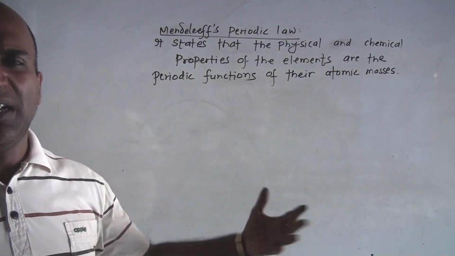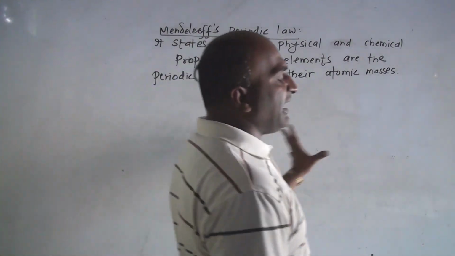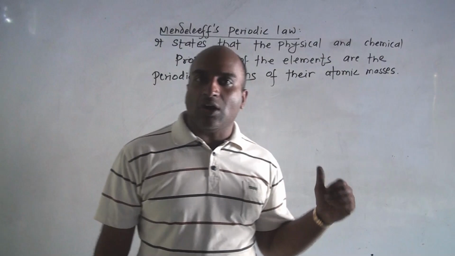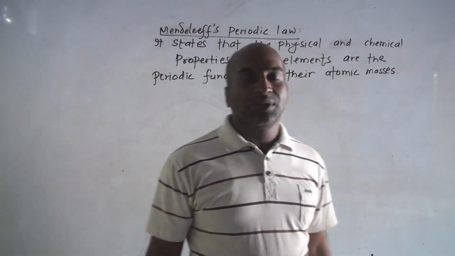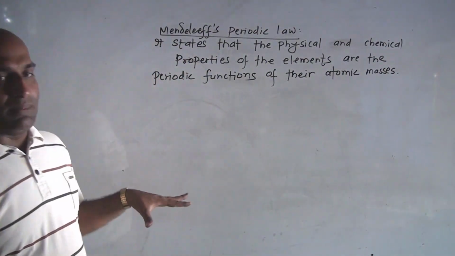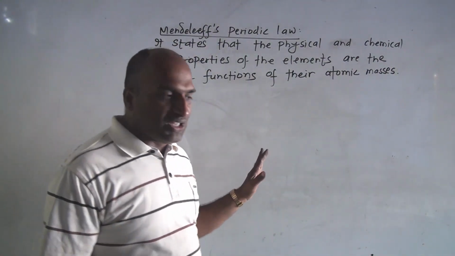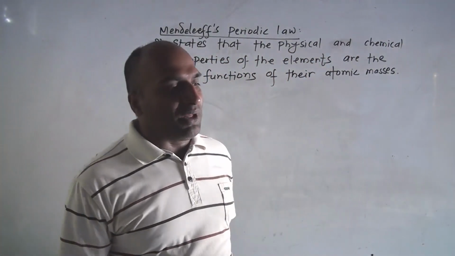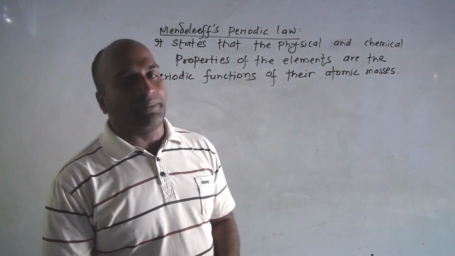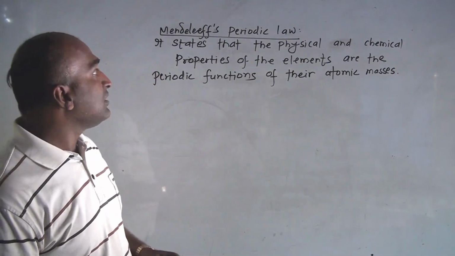So there were many such drawbacks, limitations, or disadvantages in that table. So this table is not in wide use these days, and now we study in detail the modern periodic table, which is given in our syllabus.